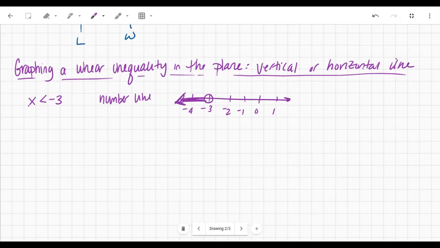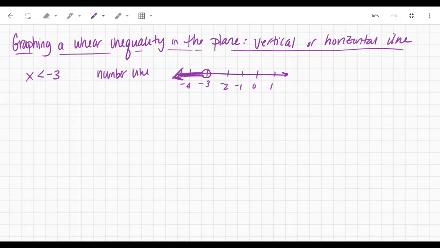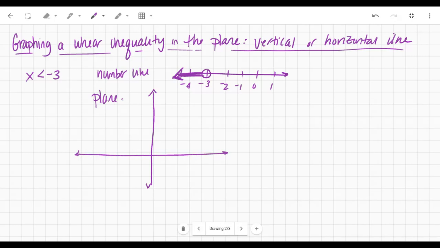So we want your xy plane for this one. You first of all think about the line x equals -3. That is a vertical line. Regardless of what y is, x is just always -3. So this is where that line would be.